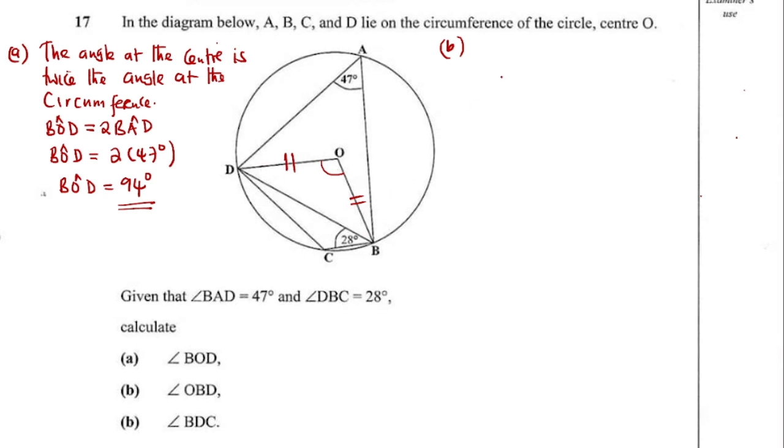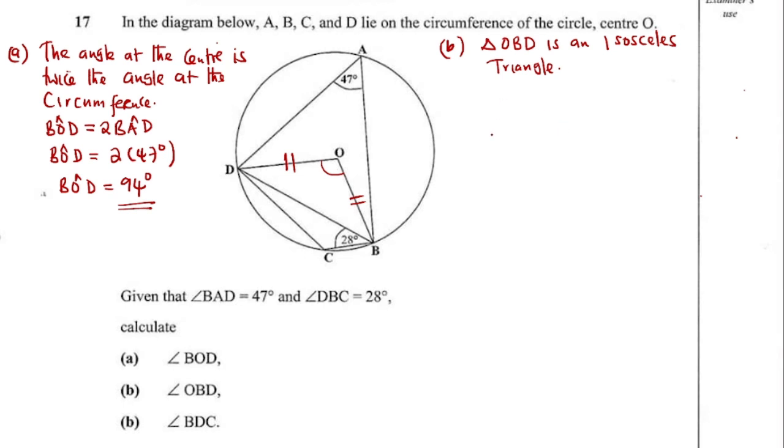Now when these two distances are equal, this makes this triangle OBD an isosceles triangle. Isosceles triangle, meaning two sides are equal and two angles are also what?